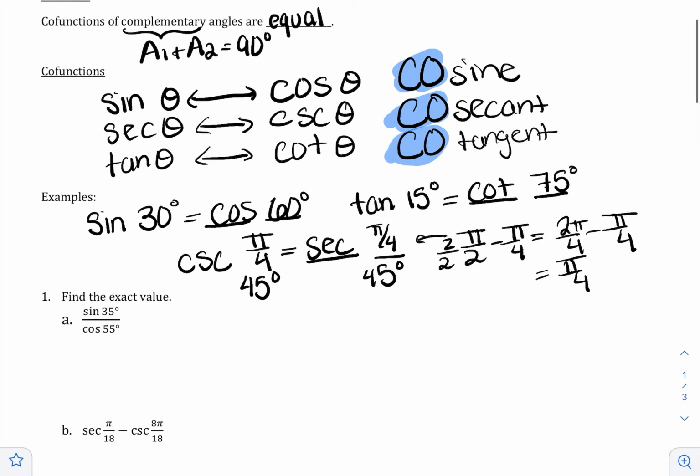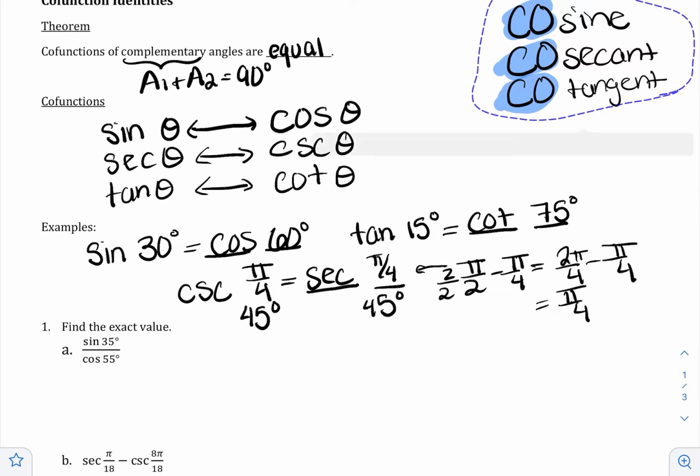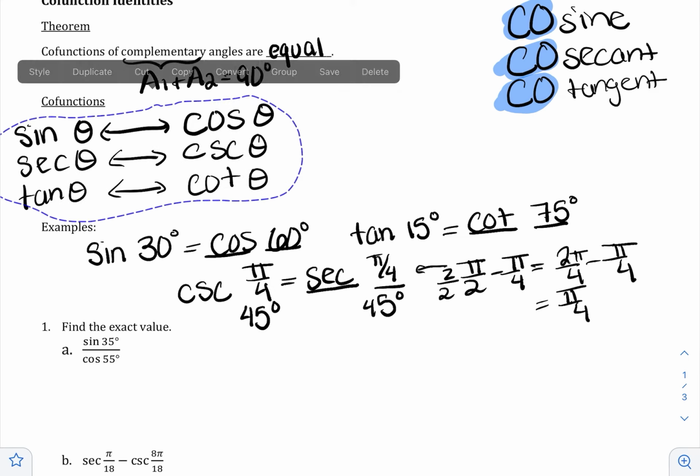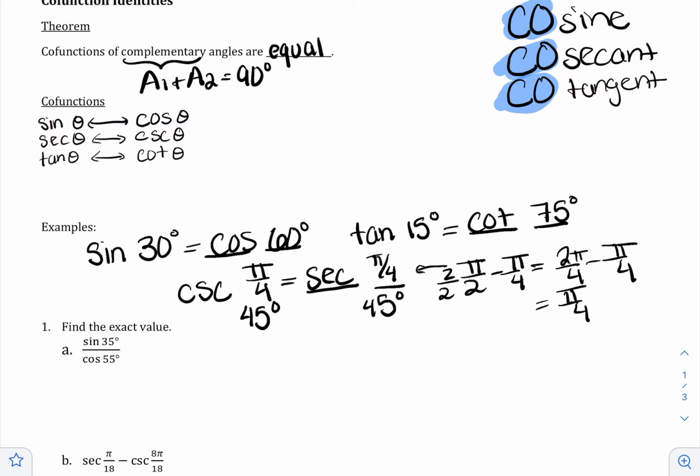So I'm going to go here real quick and we're going to write that. I'm going to move this over, and I'm actually going to make this a little bit smaller. Perfect. Okay. So we're going to have that the sine of theta is equal to the cosine of 90 degrees minus theta.